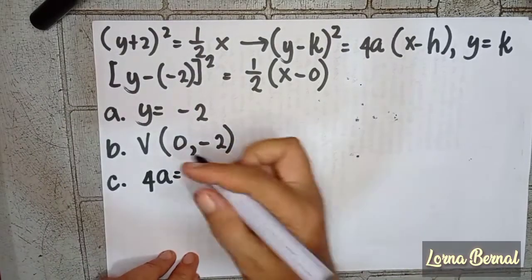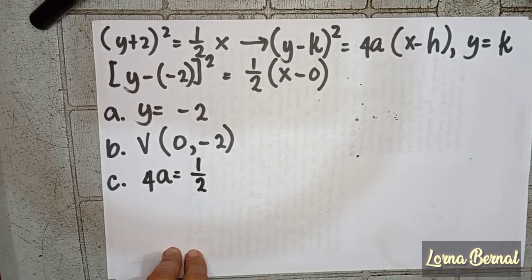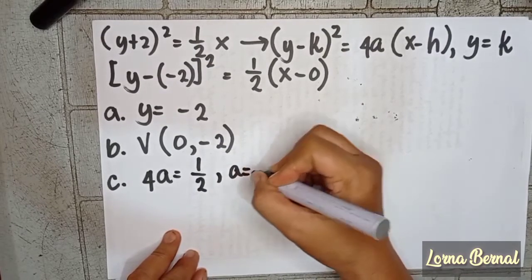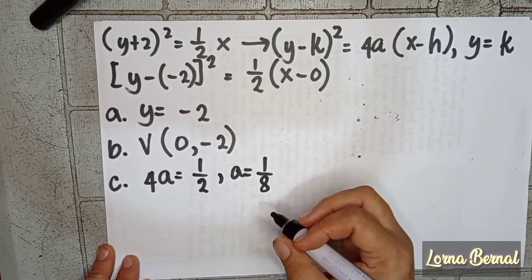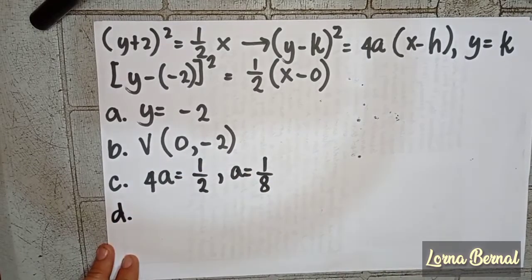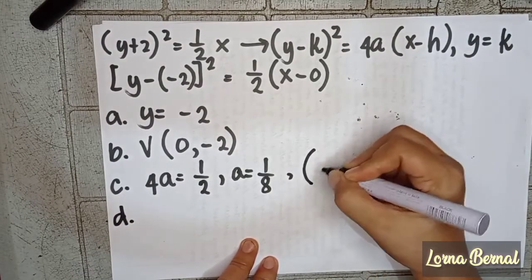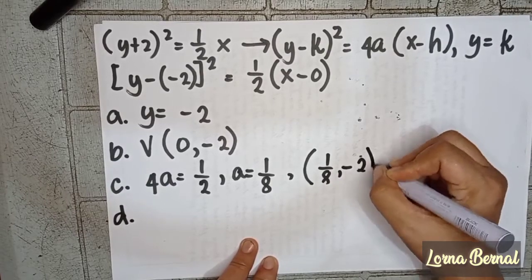So 4a equals 1/2, so we have now a is equal to 1/8. And then letter D, the directrix. By the way, we have there the coordinates, 1/8 and negative 2.